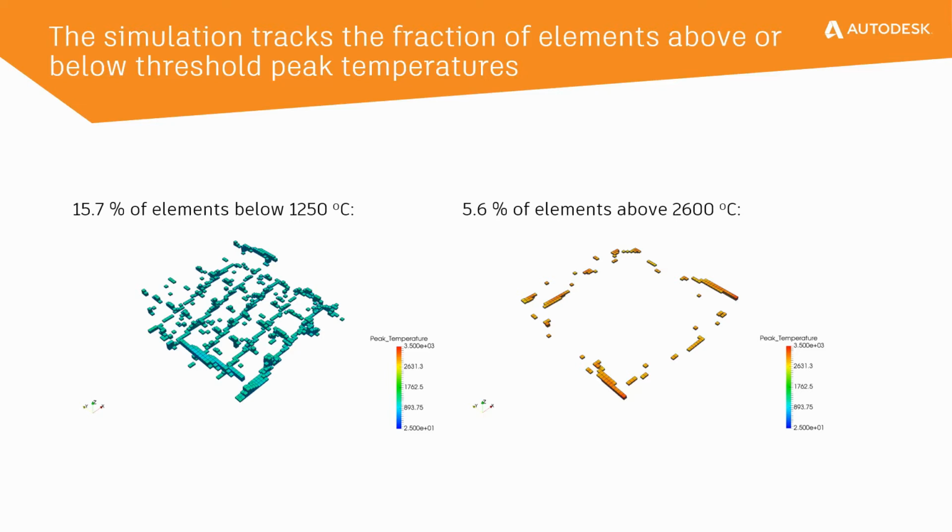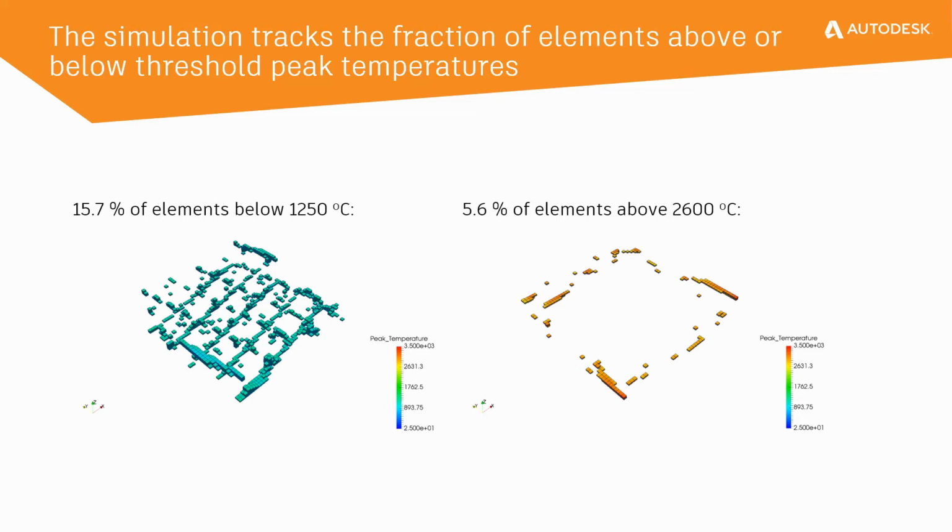The one on the left-hand side is basically showing you the number of elements that were cold, or they did not get hot enough to be melted and hence fuse completely and become a solid part that is okay to use. And what you see on the right-hand side of the screen are parts which have basically gone beyond the operating temperatures. They have been burnt and hence they are not usable, or those parts of the part would not be usable.